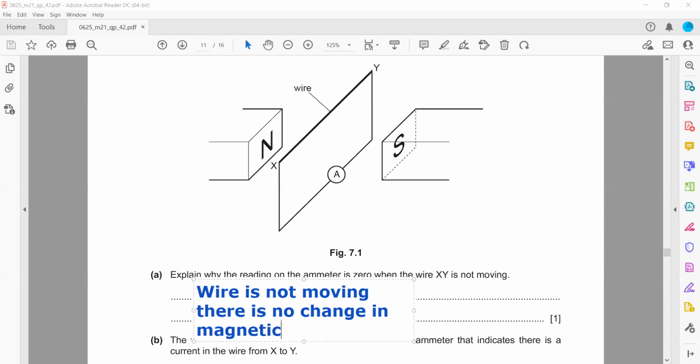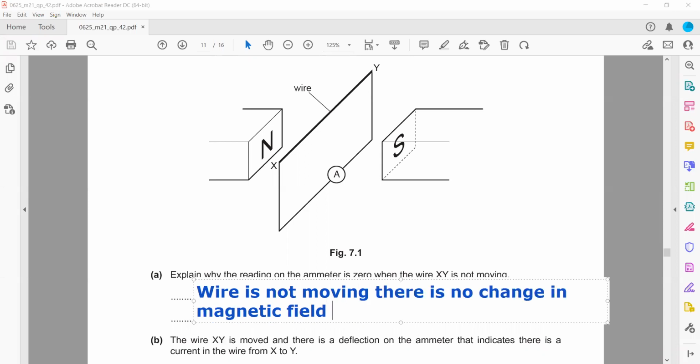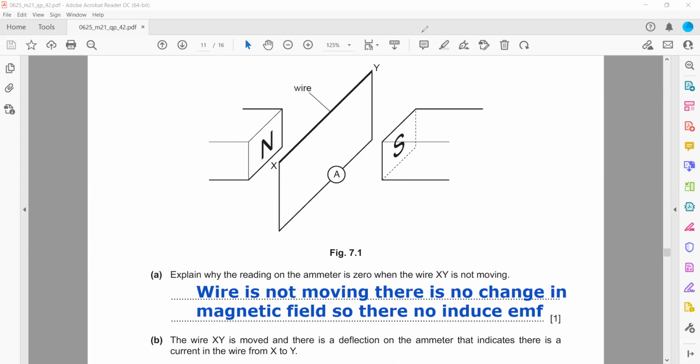And when there is no change in the magnetic field, there will be no induced EMF, because EMF or current can only be induced when there is a change in magnetic field. And how can there be a change in magnetic field? Either by moving the magnets or by moving the wire.